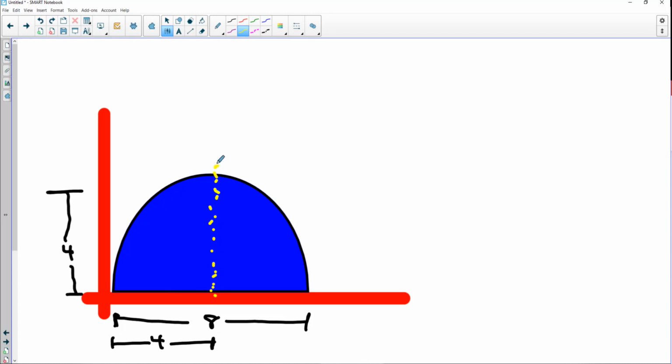If I were to cut this shape along that line, as crooked as it is, it would give me two of the same shape. They're mirror images of each other. So that's our line of symmetry. One of our centroid locations can be found by going 4 along the x-axis. So here, x is going to be 4 because it's the line of symmetry.